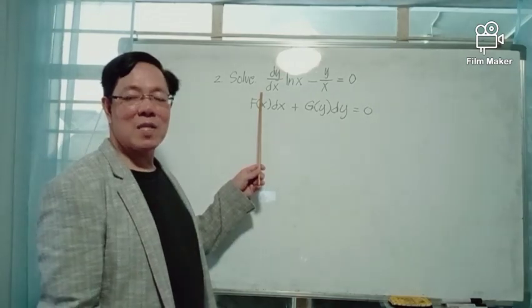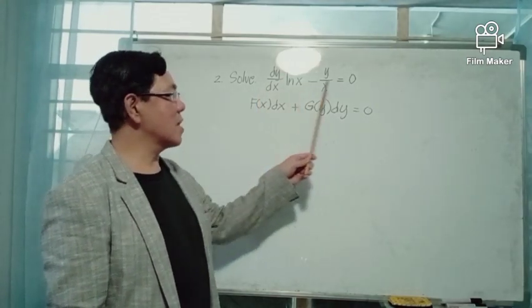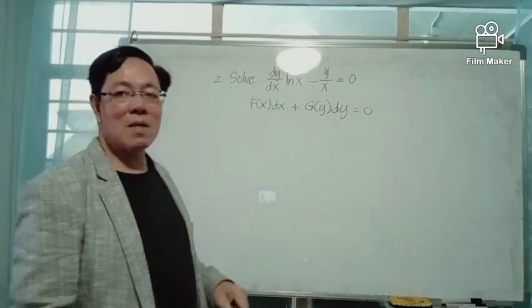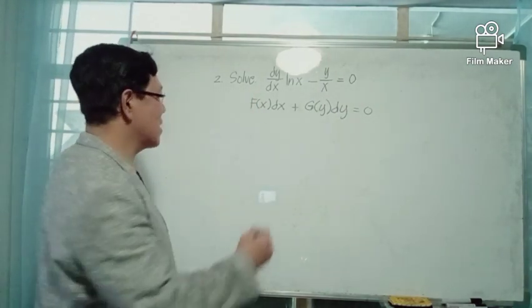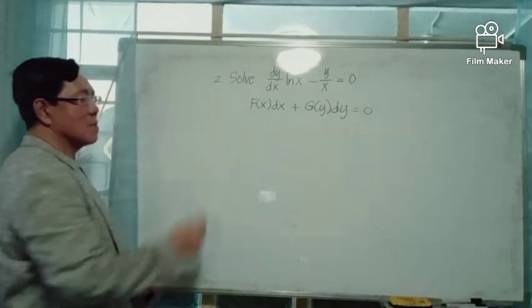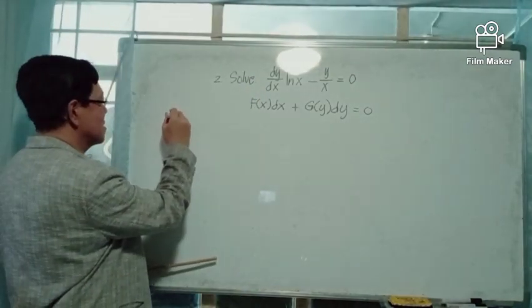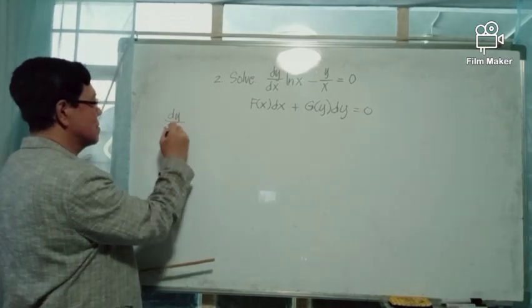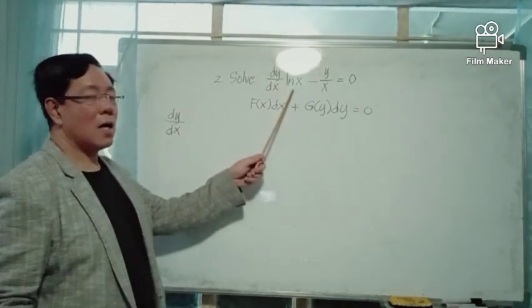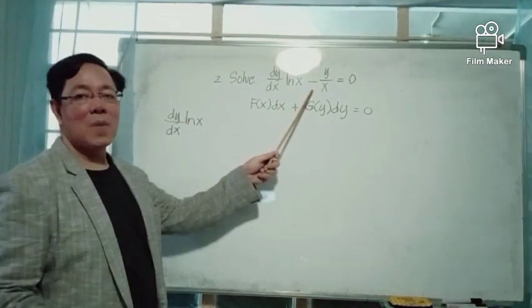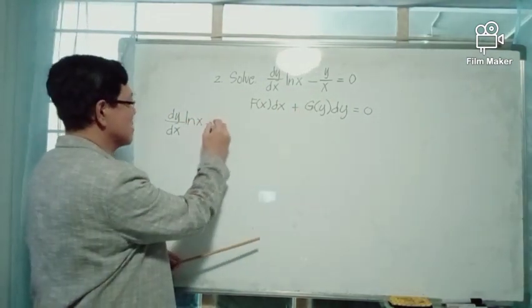Our first step is we multiply both sides of the differential equation by dx. We multiply the left-hand side by dx. The left-hand side we have dy/dx ln x minus y over x.